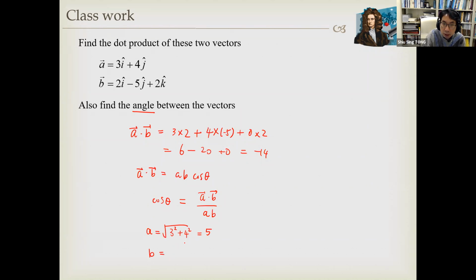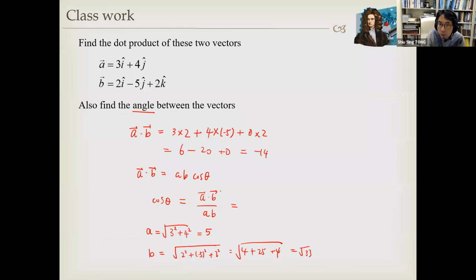B is the square root of 2 squared plus minus 5 squared plus 2 squared, and this is 4 plus 25 plus 4, right? So we have the square root of 33. And so this will be equal to minus 14, which is A dot B, divided by 5 square root 33.